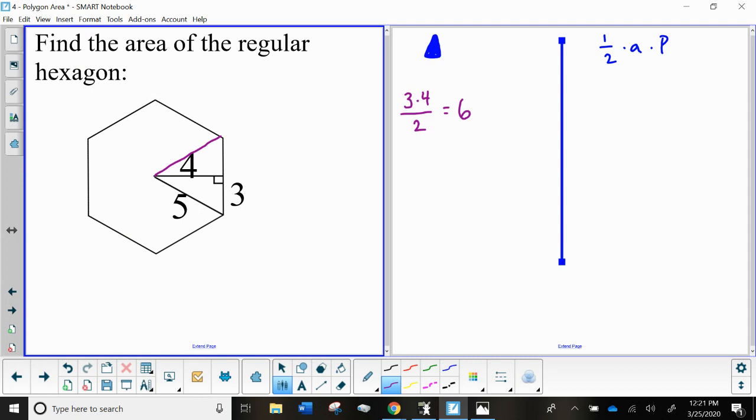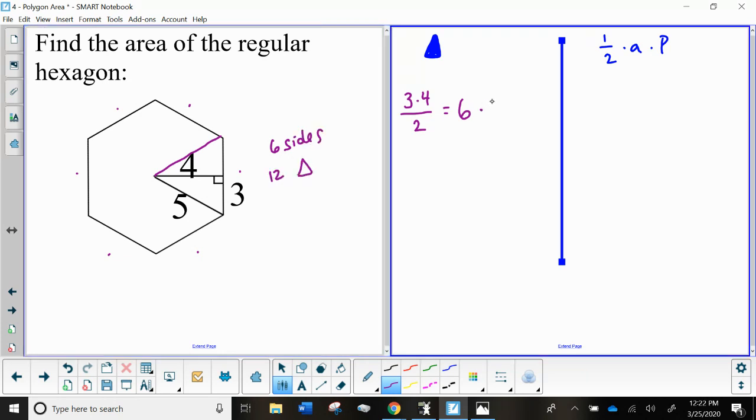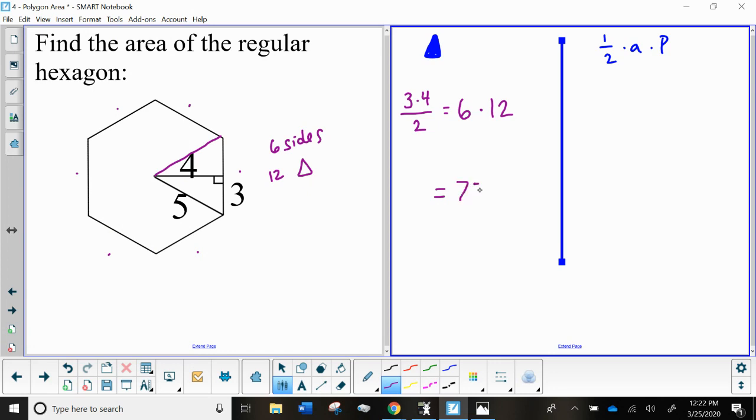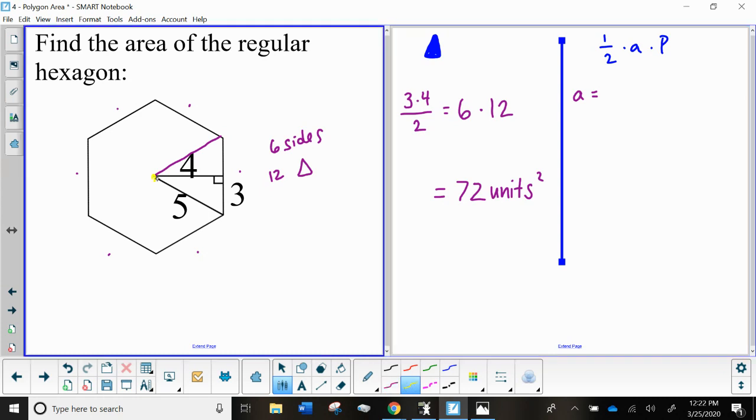And again, if I split this up, I know I have 1, 2, 3, 4, 5, 6 sides. So I'm going to have 12 triangles. So times that by 12 to get an area of 72 units squared. Or the apothem, remember that's the side that goes to the center and makes the 90-degree angle. So that's going to be 4.